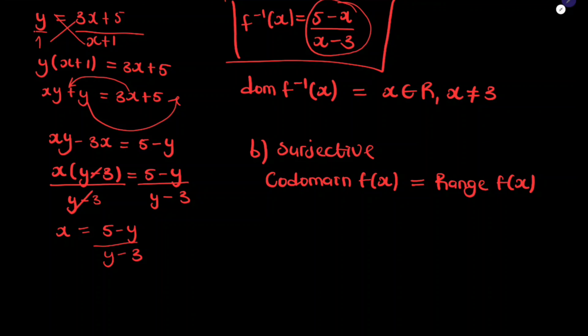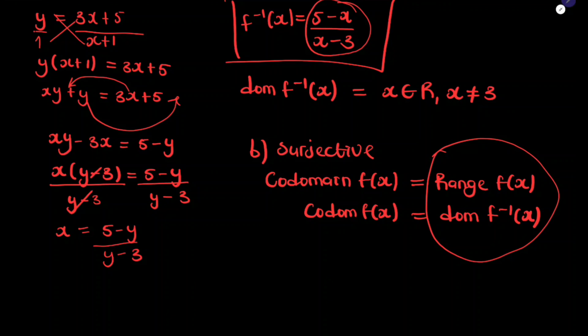So we can still say that the codomain of f of x should be equal to the domain of f inverse of x. Okay, so remember I told you that the range of f of x is the same as the domain of f inverse of x.